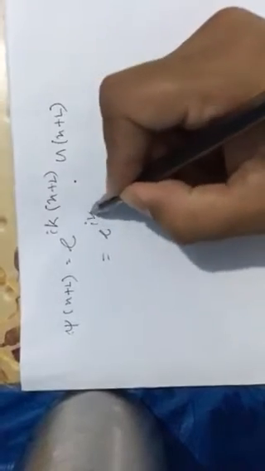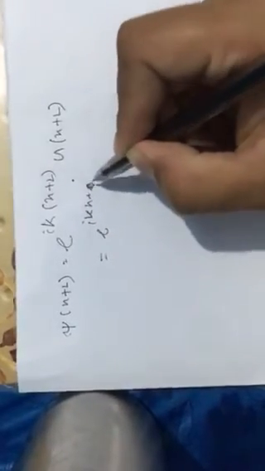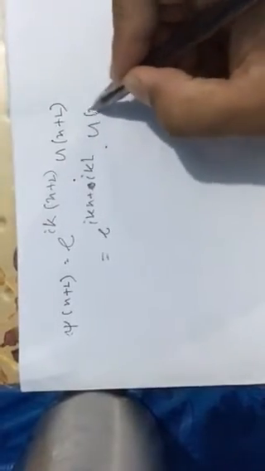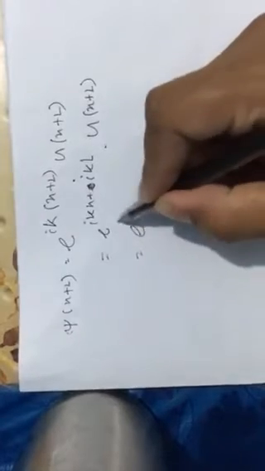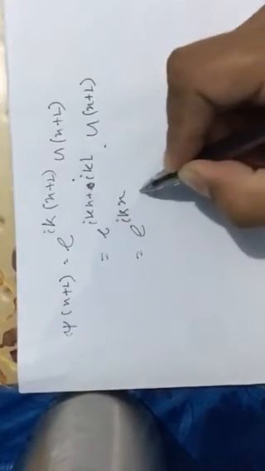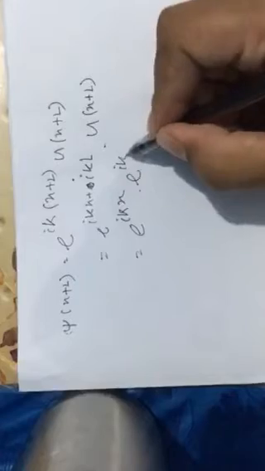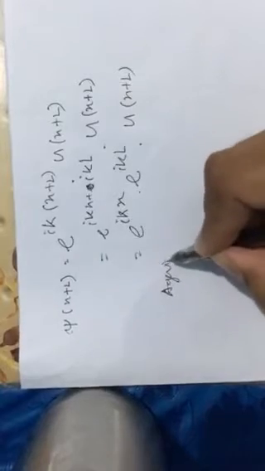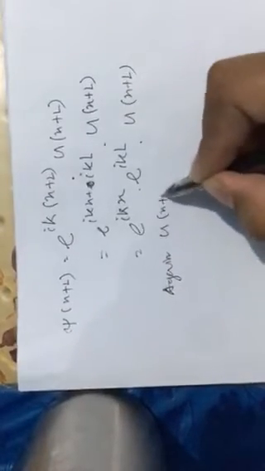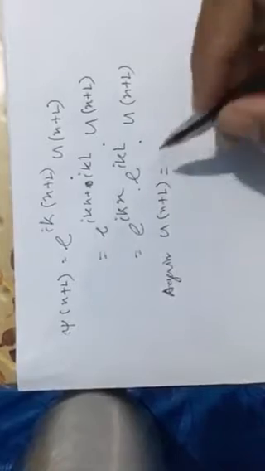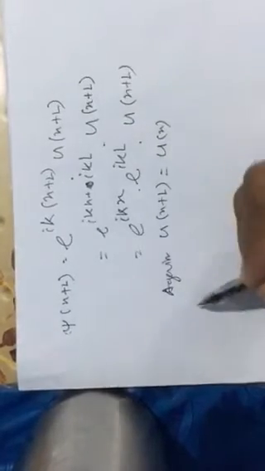Therefore it will be e to the power ikx times e to the power ikL into u(x + L). Again, u(x + L) is equal to u(x), right?